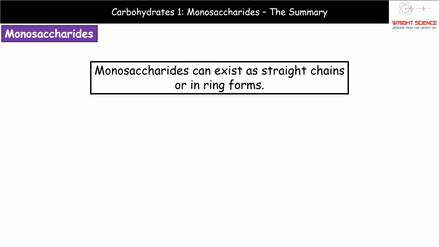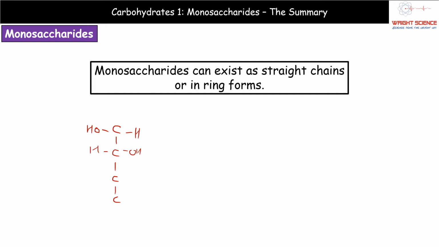When it comes to the structure of our monosaccharides then, we've got two options really. We can have straight chains or we can have ring forms. When I'm talking about a straight chain, the carbons all align in a straight chain, as the name suggests, and then we're going to have our little hydrogens and hydroxides attached all the way down.